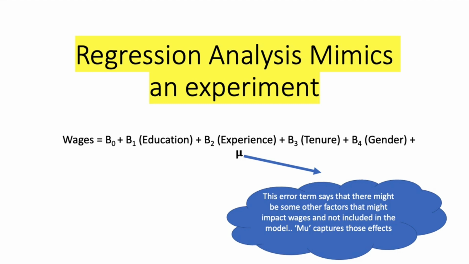The error term includes all the other factors that impact wages that were not included in the model. This way, we are able to show that all factors that impact wages are included in our modeling. So once again, factors that we did not include in our model automatically enter into the equation through this error term.